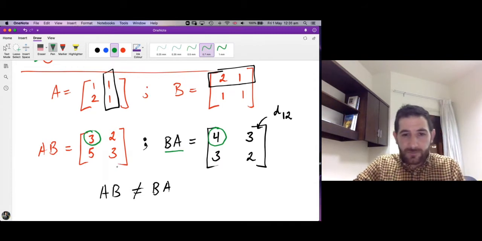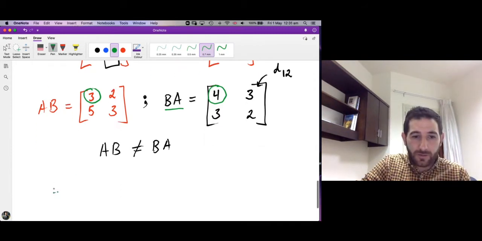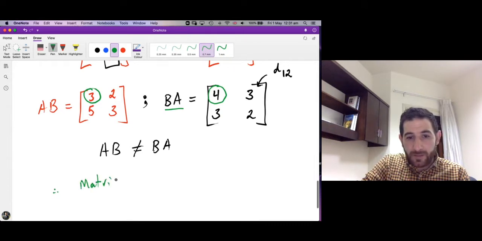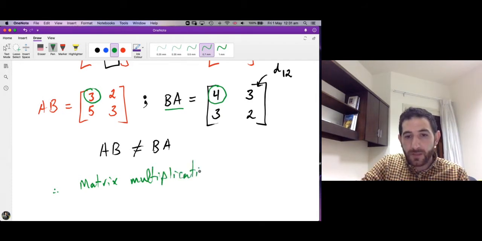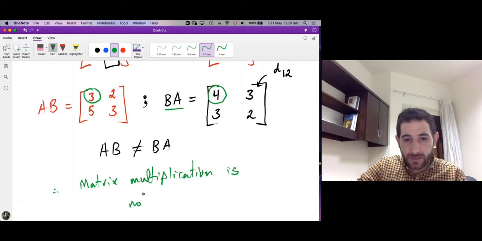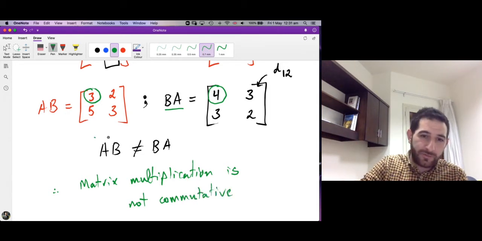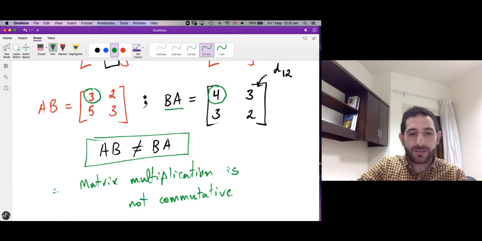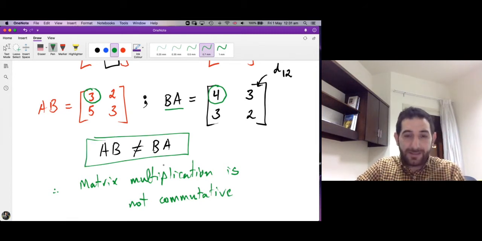So the moral of the story is that matrix multiplication in general is not commutative, because we found an example of two matrices in which A times B is not equal to B times A. Okay.